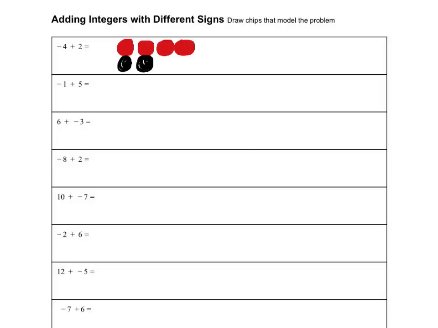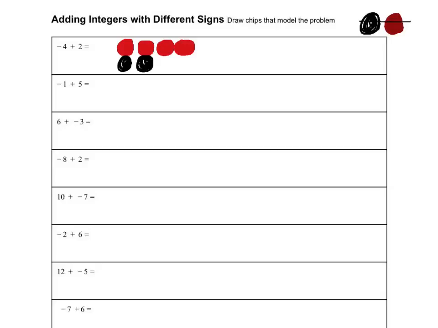For these, I'm choosing to put them in rows on top of each other so we can see the cancellation. The one important thing to remember is that we had talked about how a positive and a negative are opposites on the number line, and opposites actually cancel each other out. So if I were to have one black chip and one red chip, those actually create 0.